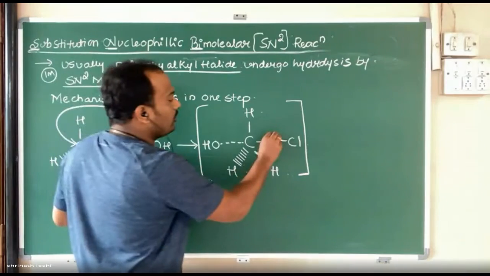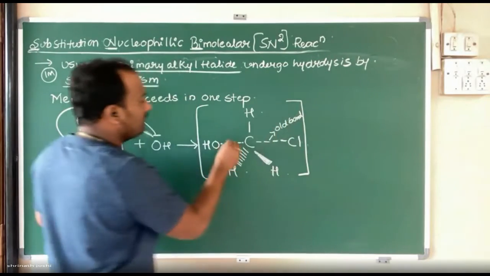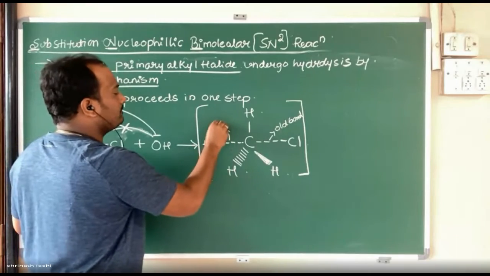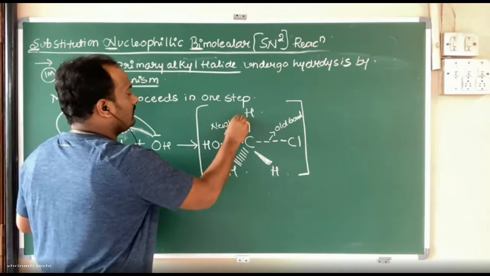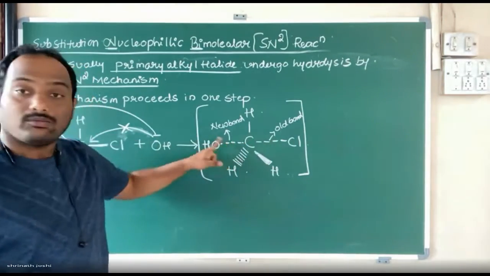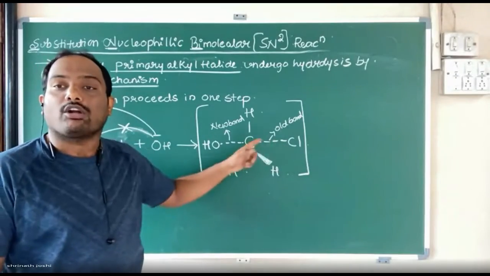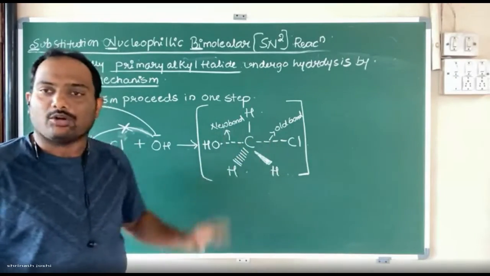Can I call this an old bond, and can I call this a new bond? This is the old bond. This is the new bond. Both I have written in a dotted line. It means that they are temporary bonds.